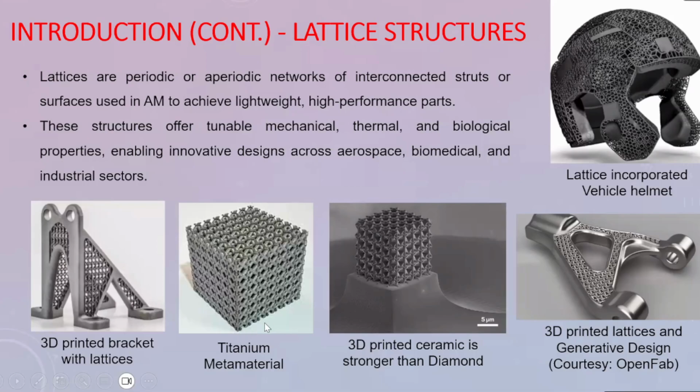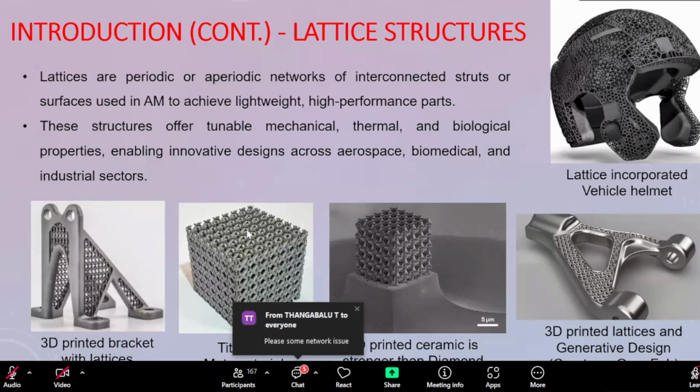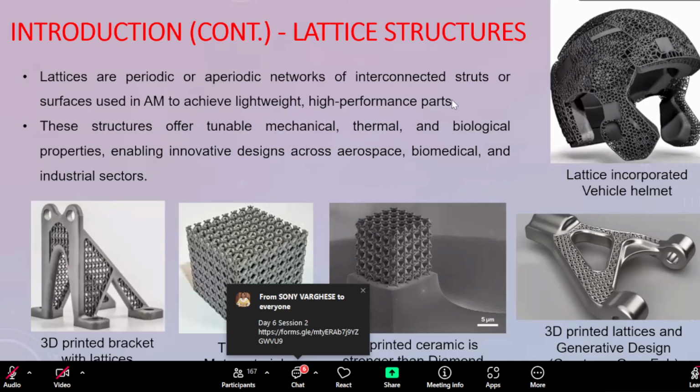If we are using functionally graded lattice structures, then the structure will be varying along x, y, and z direction. Or we can have customized lattice structures where a particular region will be of one lattice structure and another region will be of another different lattice structure. And those things are called aperiodic lattice structures.